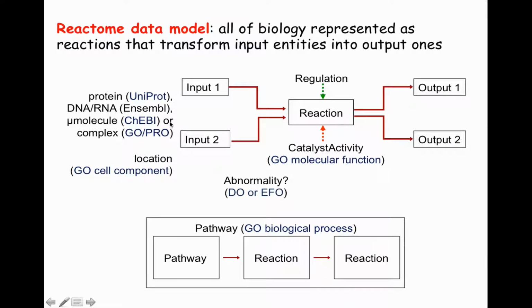The input and output molecules, of course, could be proteins or DNA or RNA or other macromolecules, or small molecules or complexes. And those transformations could, of course, be the classic chemical conversions of intermediary metabolism, but they could also be transport. A molecule in one location in a cell gets moved to a different and biologically distinguishable location in a cell. For example, it might be moved across a lipid bilayer membrane.